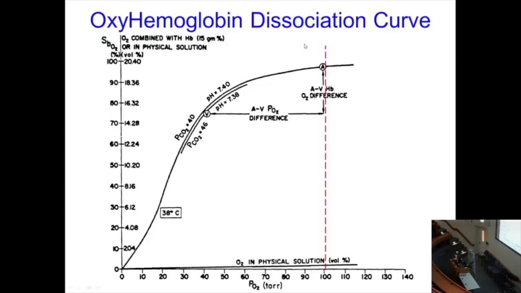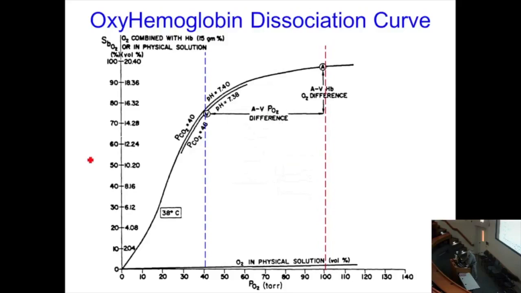Now let's go down to the tissues. Let's say we're at a tissue with a PO2 of 40. The blood goes into the systemic capillaries and oxygen diffuses out into these tissues. At steady state, this graph shows exactly how much oxygen there is going to be in the blood at an ambient PO2 of 40.